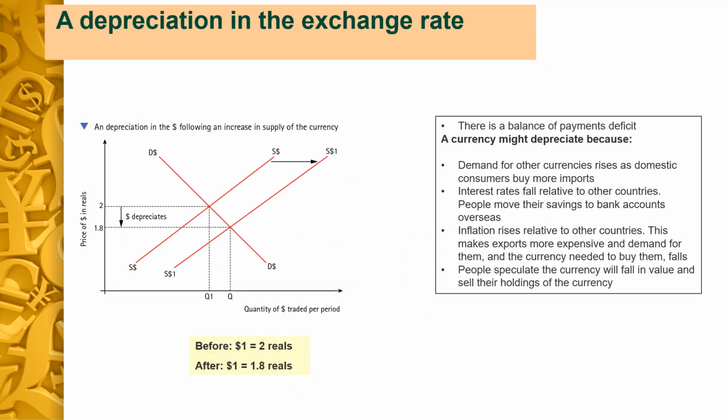Let's talk about a depreciation in the exchange rate. As we said before, it means we are talking about an increase in supply of that currency. Why does a currency depreciate?